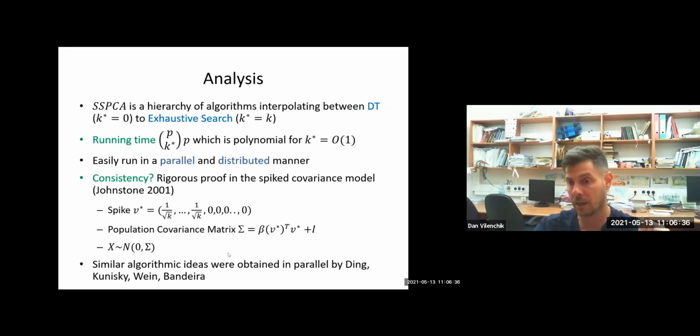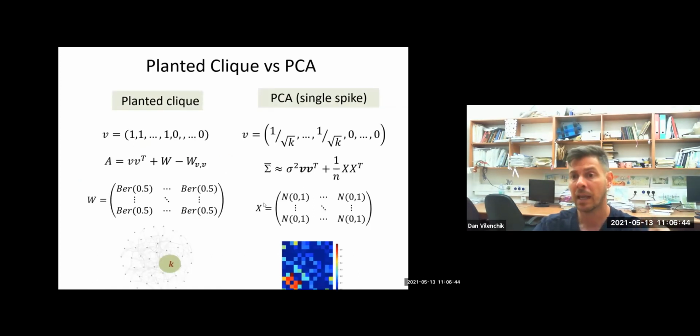In general, this problem of sparse PCA is widely studied in this community from various angles. Another nice thing to remember is that the planted clique problem is very similar in nature to the planted spike or sparse PCA problem.